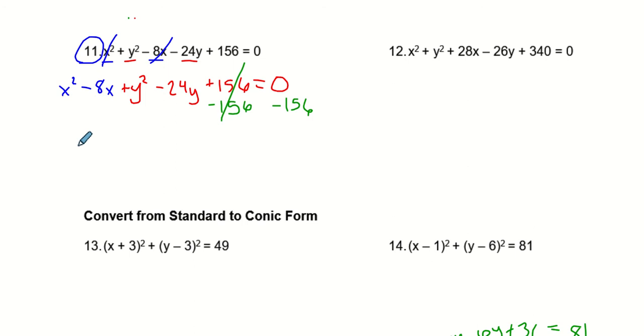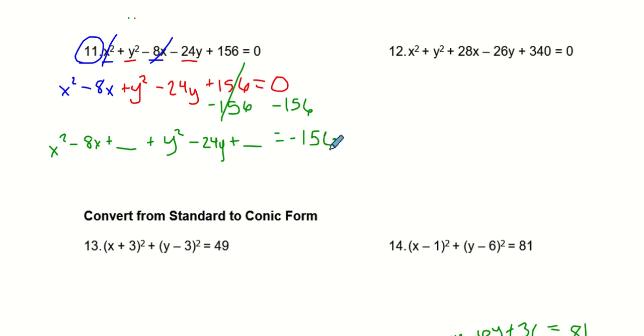Now when I bring this down, I'm going to leave a nice little space, because I'm going to complete the square. So I know I'm going to be adding something here. Minus 24y plus blank equals negative 156.